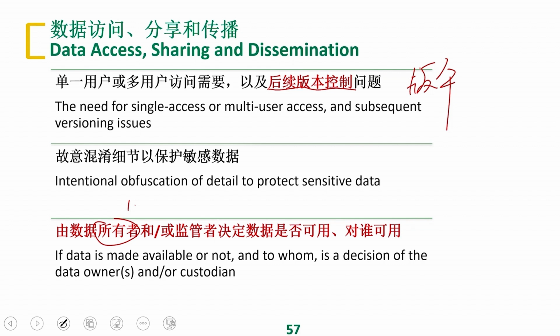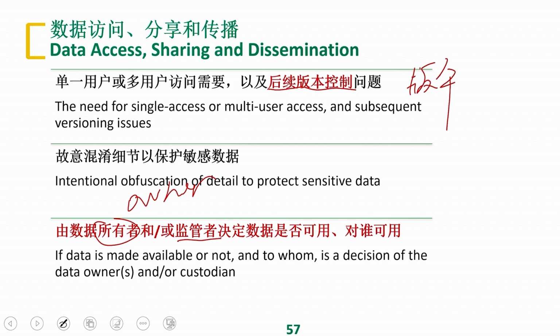Of course, the data owner is the ultimately responsible person. About the owner's rights, we've talked about it before. One is classification. One includes defining the role of data delegation. Who can use this data? Who maintains it? Who is responsible for its security? In addition, there is the owner and the regulator.